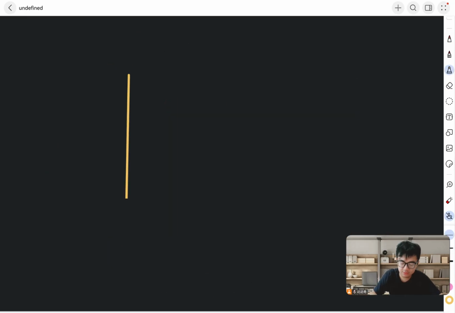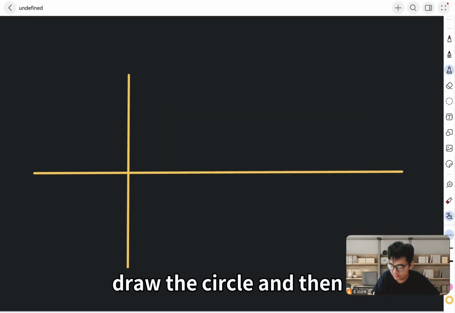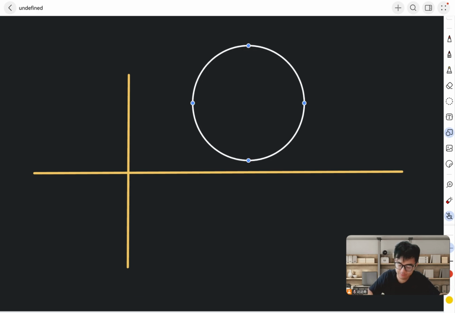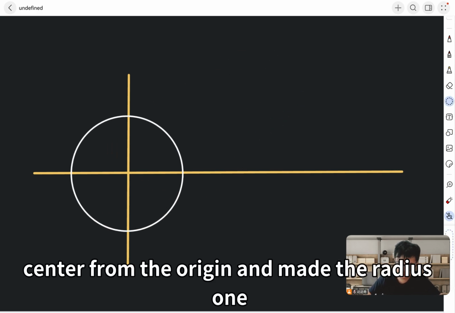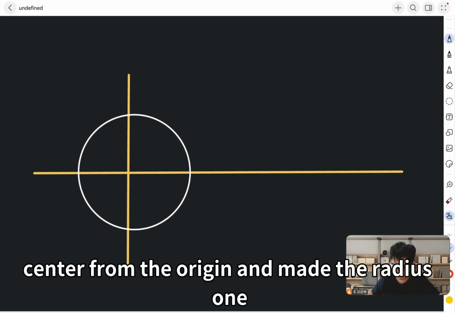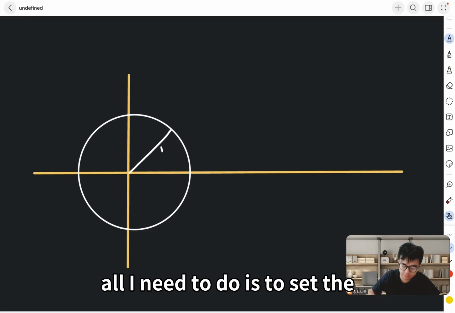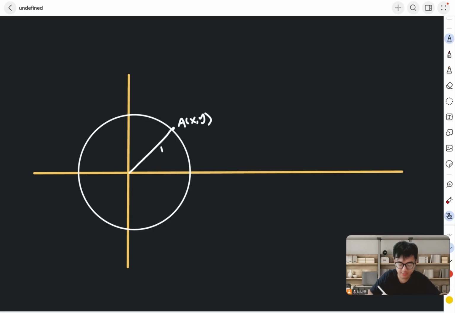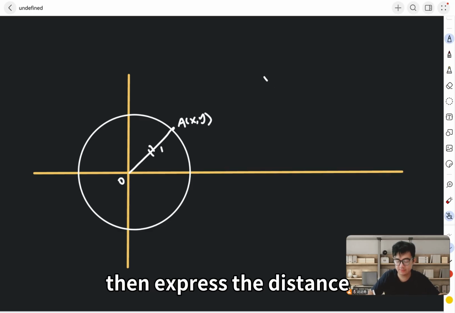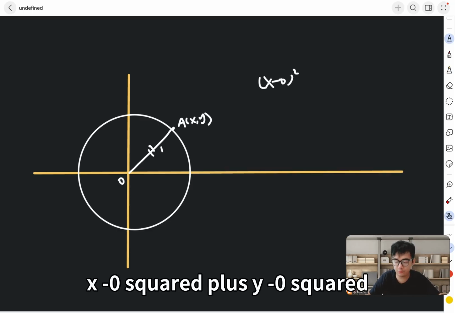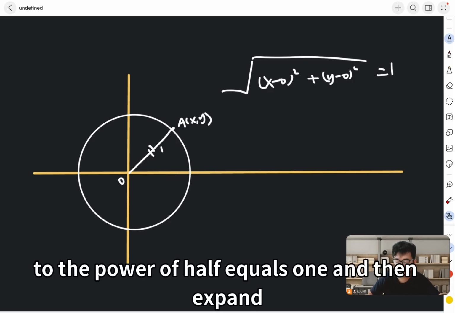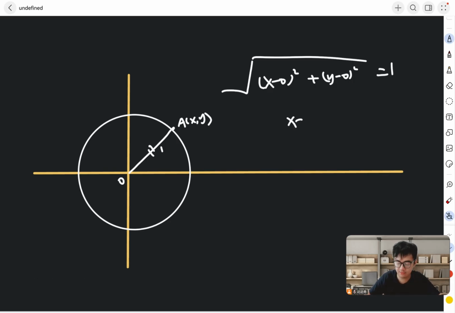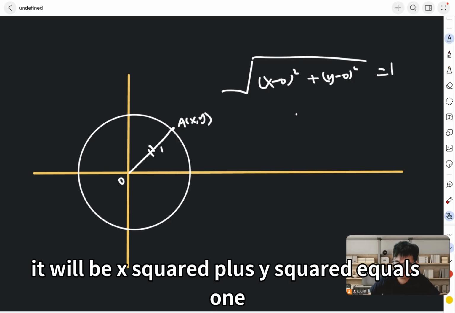I just drew the circle, put the center at the origin and made the radius 1. All I need to do is set the coordinates of any point on the circle and express the distance, (x minus 0) squared plus (y minus 0) squared to the power of 1/2 equals 1, and then expand it out. It will be x squared plus y squared equals 1.